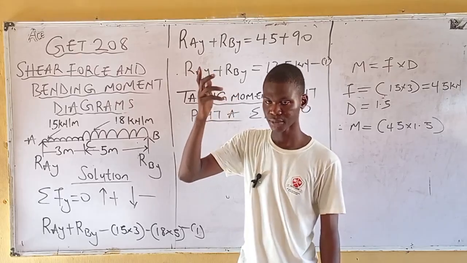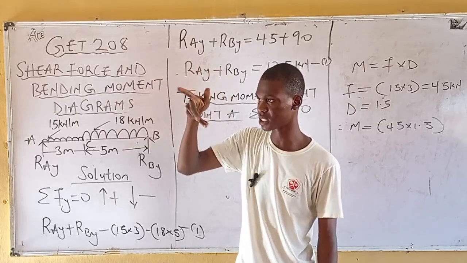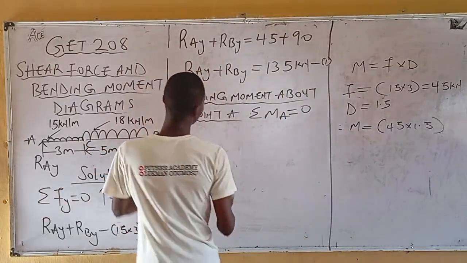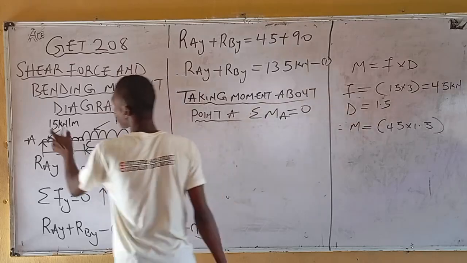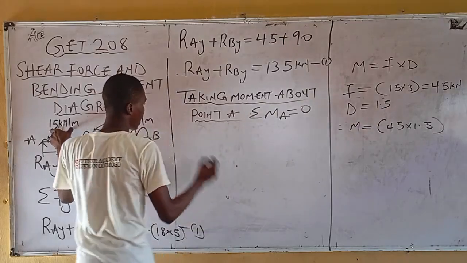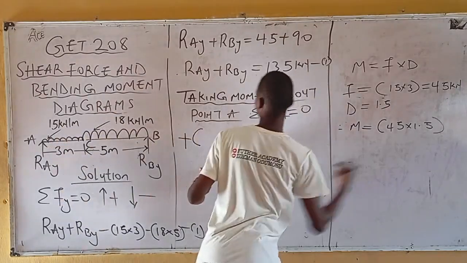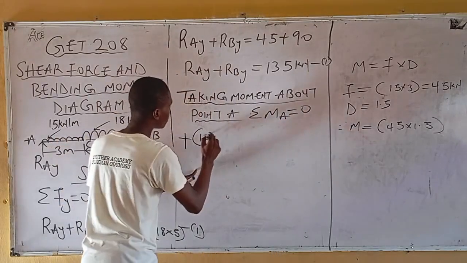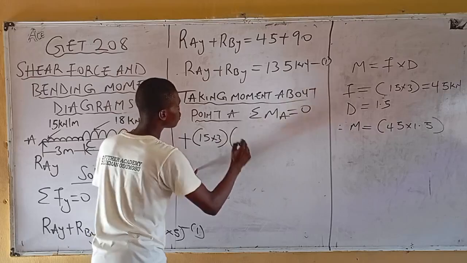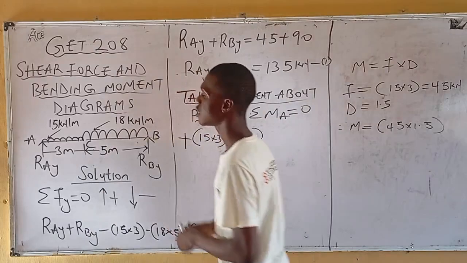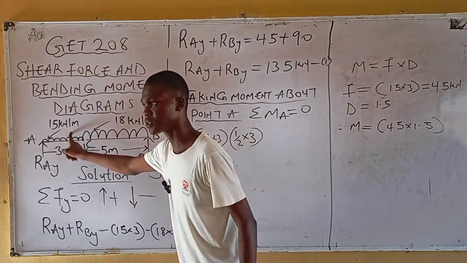It is taken by 4, meaning positive, right? So this is clockwise. So from here, taking moment at A, I've considered 15 kilonewton per meter, meaning I have positive 15 times 3 all into bracket, 1 over 2 times 3. Right? Yes. I've considered this force.